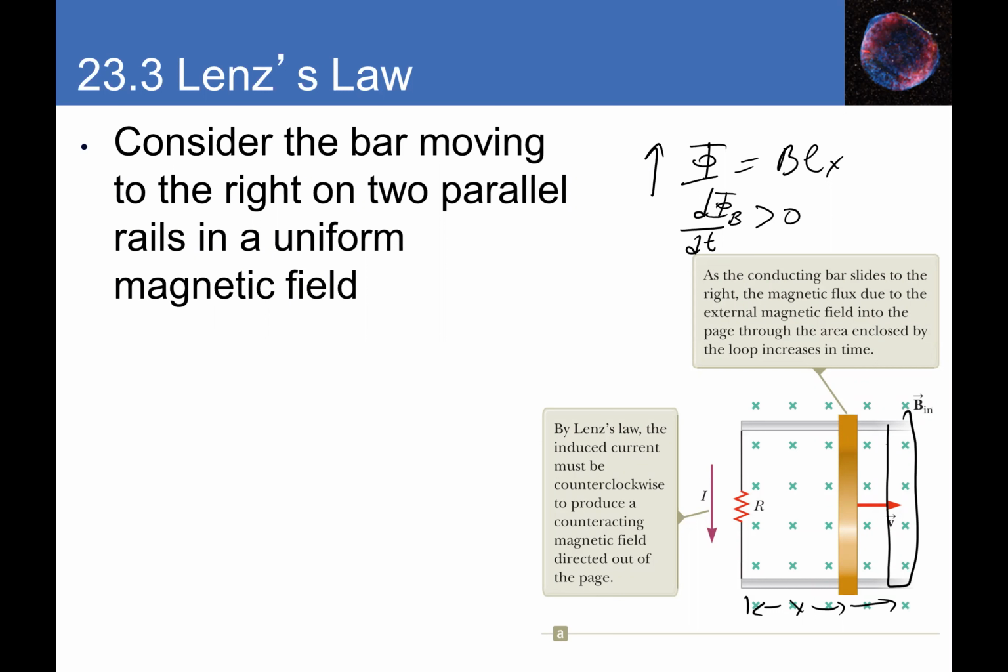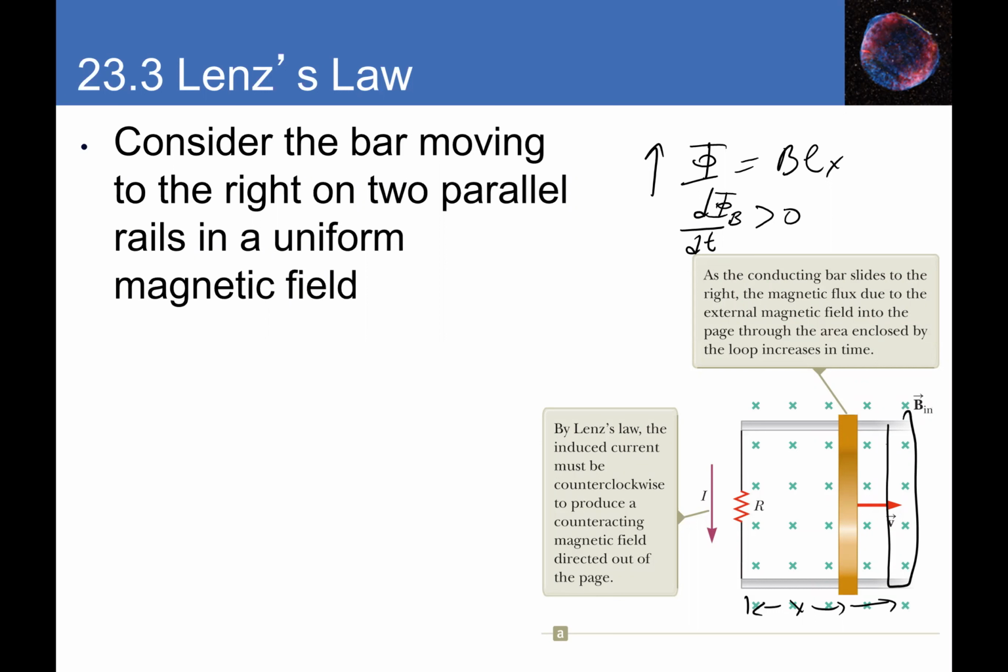It cannot change its own shape, but one of the things the loop can do is to induce current, which generates a magnetic field. So in which direction should the magnetic field be? Well, the induced magnetic field should be in the opposite direction of the external magnetic field, because it is going to try to decrease the magnetic flux.